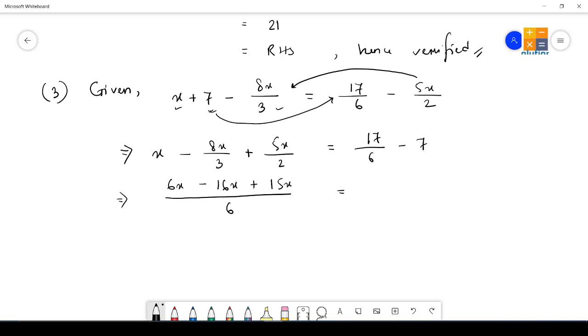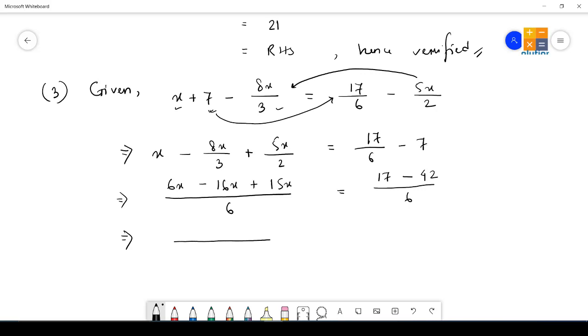That is equal to, when I take the LCM on the right hand side, it is of course 6. In the numerator, the first term will remain as it is, that is 17 minus 6 times 7, which gives us 42. After that, what do I get on the left hand side?